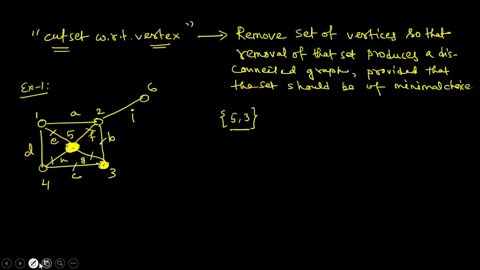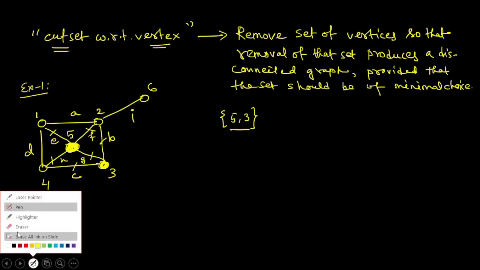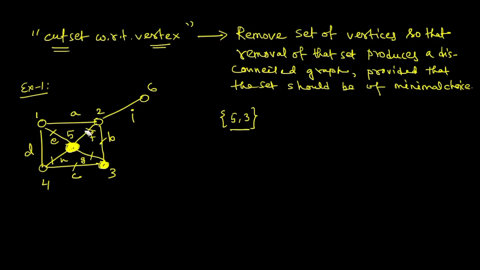See, once we remove this, follow this: 5 removed means it is removed, as well as this part. Now 3 removed means this part and this part are also removed. So what we are getting? We are getting a disconnected graph.